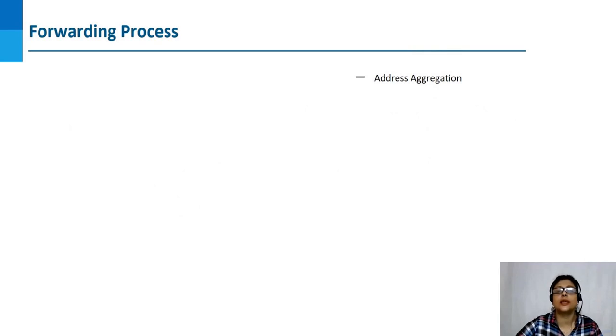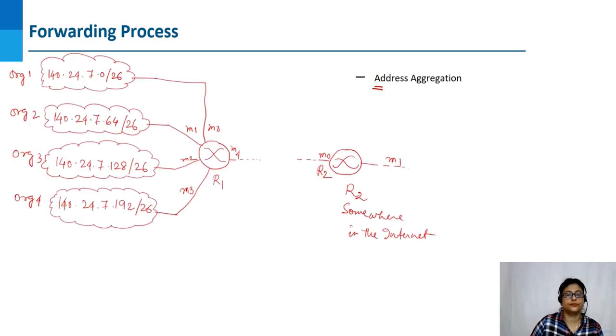Address aggregation is a process by which the long routing table is reduced. Let us see it with the help of this example. There are 4 organizations, organization 1, 2, 3, 4, having certain addresses, and these are connected to router R1 through interfaces M0, M1, M2 and M3.